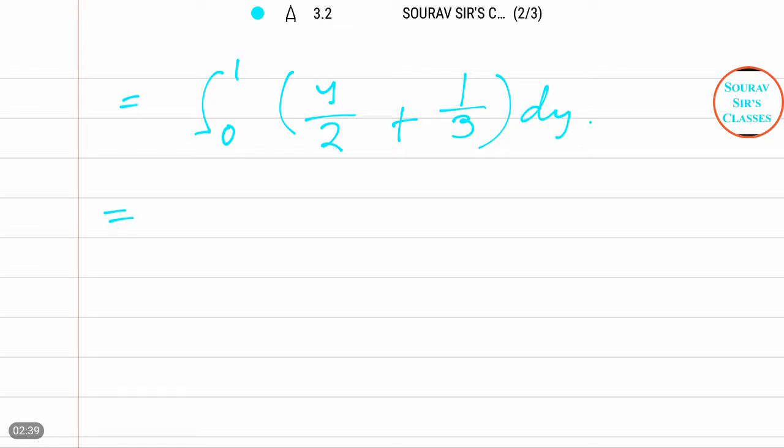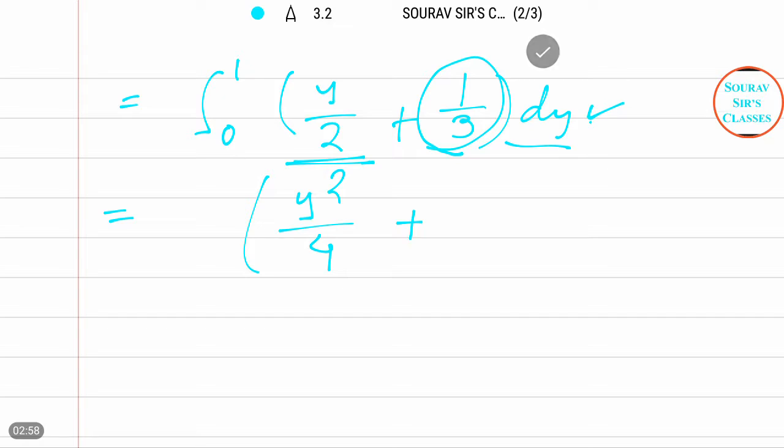Now after this we can write it as y square by 4, because now we are doing the integration of y by 2 dy. So y square by 4 plus, again we are doing the integration of 1 by 3 with respect to dy, so we can write it as 1 by 3y, and we are putting the limits 1 and 0.